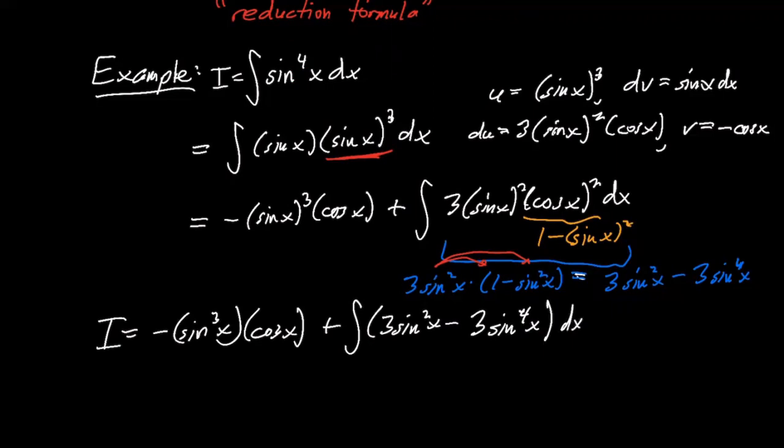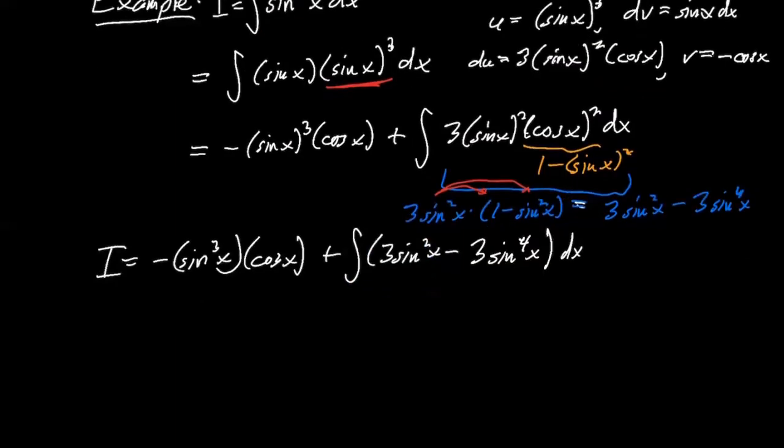But I'm going to pull out the 3's and break up this integral over the minus sign. So we're going to get I equals, I'm just going to write it all out again. Doesn't hurt anybody to write more.